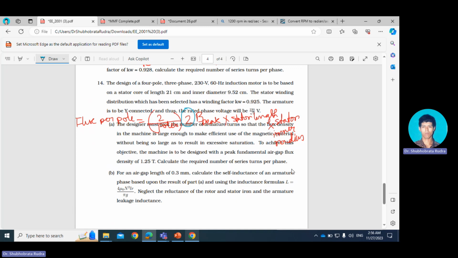So what are the information given? 1.25 Tesla, flux density, how much you need, that we have to figure out from this.